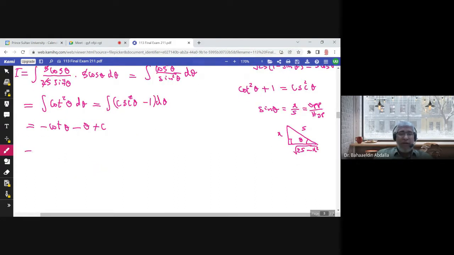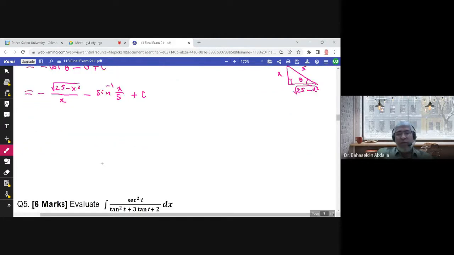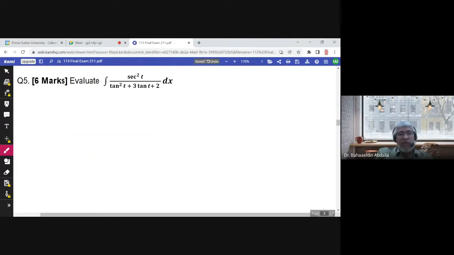So the final answer would be, what is cotan of this angle? Cotan is the adjacent over opposite. So it is square root of 25 minus x squared over x, minus theta. Now, what is theta? Well, sine theta is x over 5, so theta would be sine inverse x over 5 plus c, and this would be the answer of this question.